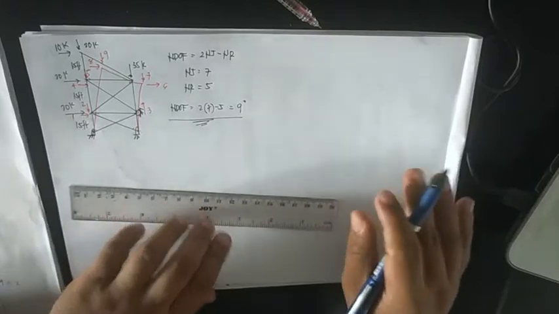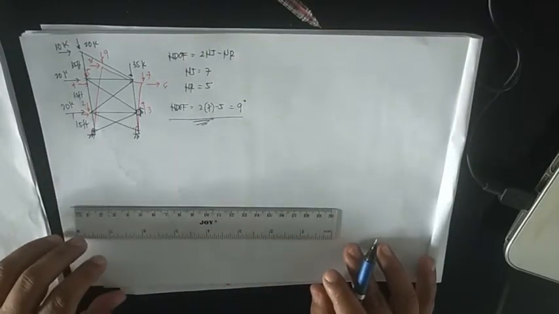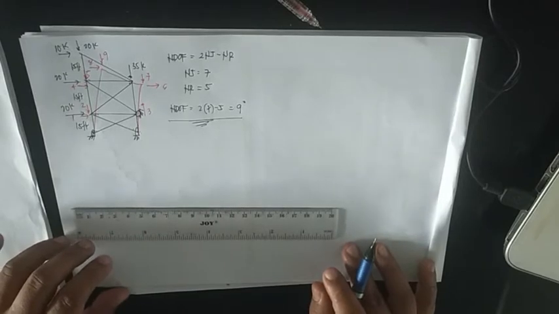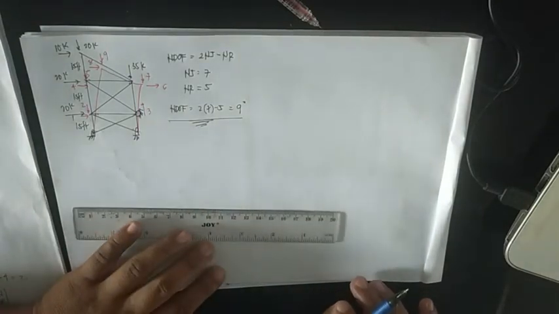So that is how to determine the degree of freedom. Okay? How about if we want to determine the joint load vector? The joint load is assumed based on the given load.